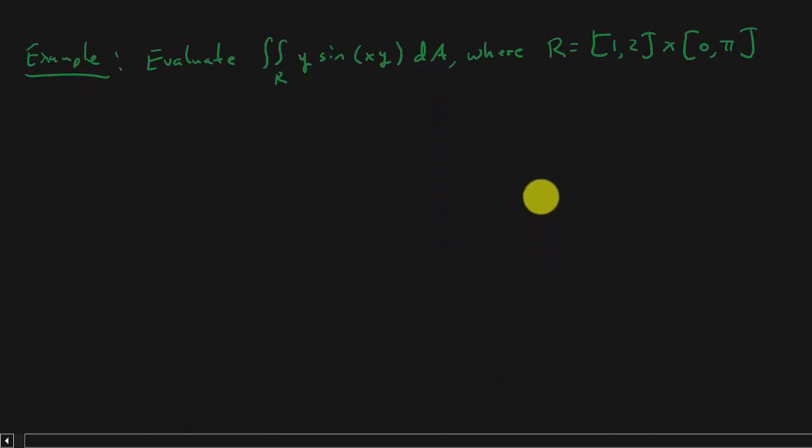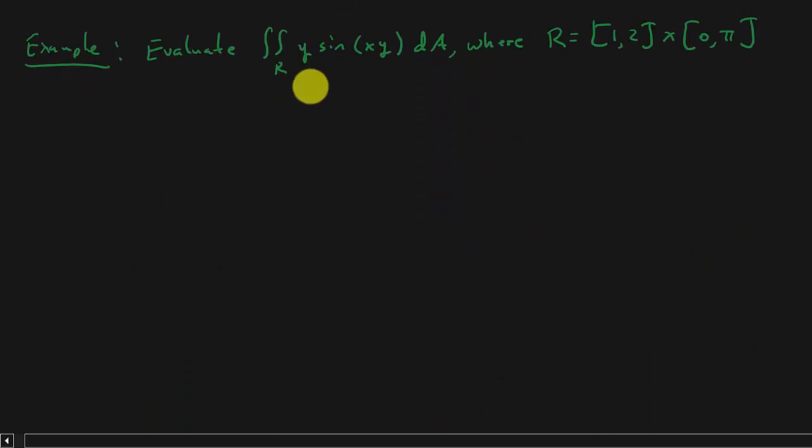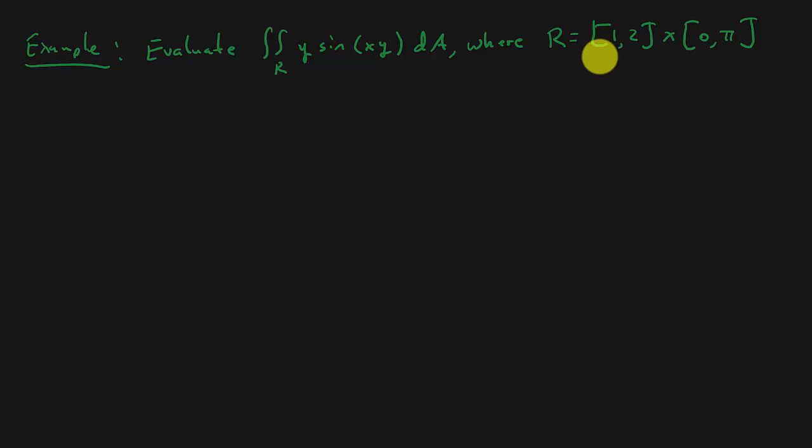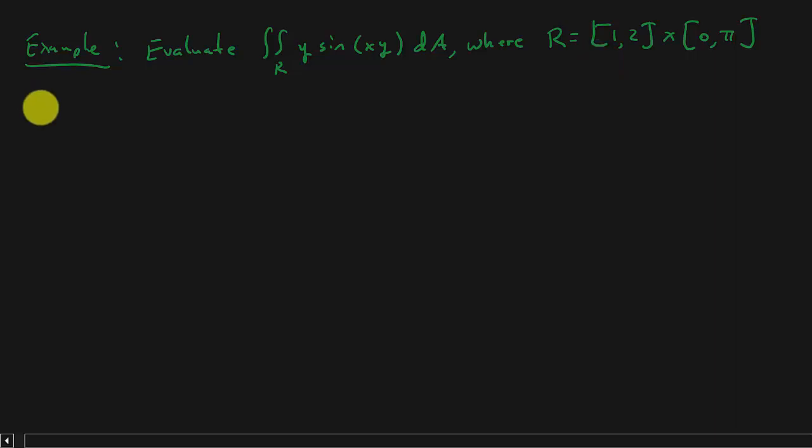All right, we've got another one here. We want to evaluate the double integral of y times sine xy dA, where R, our rectangle, is [1, 2] by [0, pi]. Let's go ahead and set this up. So we've got the double integral over R of y sine xy dA.